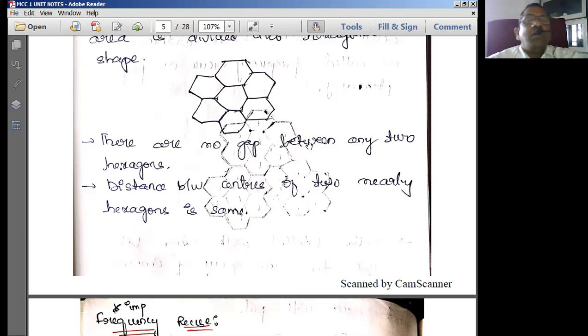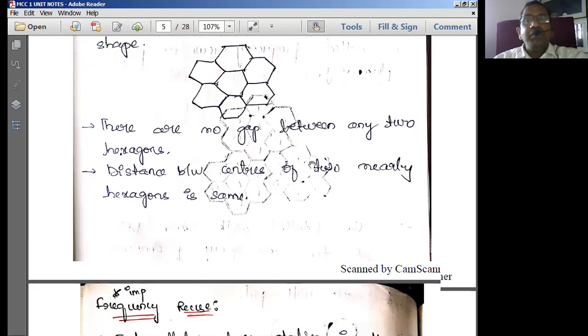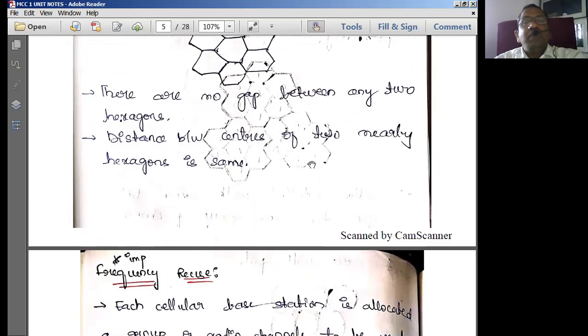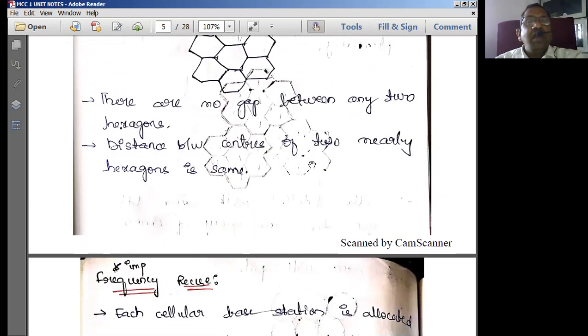Since there are no gaps between any two subsequent hexagon cell sites, we can have maximum coverage of data or voice. Therefore the hexagonal shape is preferred in order to cover the maximum amount of distance. That is why we consider the hexagonal shape.